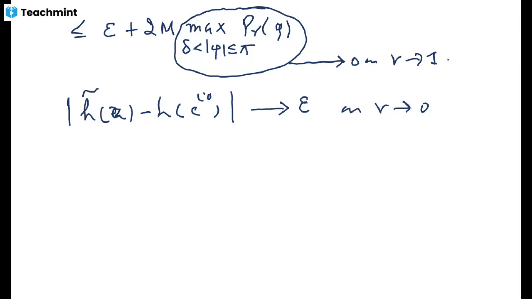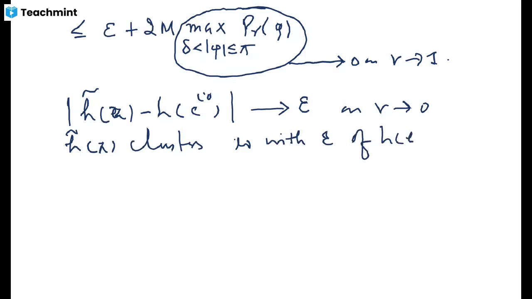What we can see now is that this value h tilde of z clusters to within epsilon of h(e^{i theta}) as z tends to the boundary.